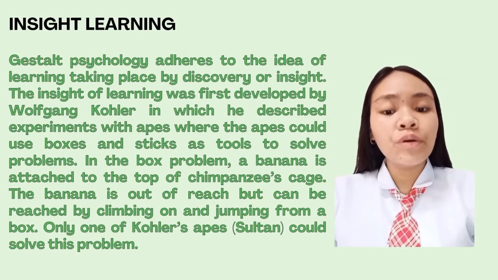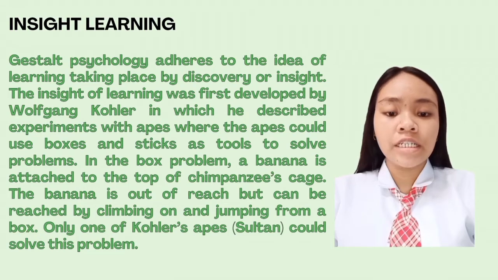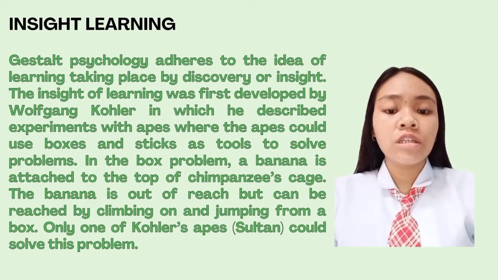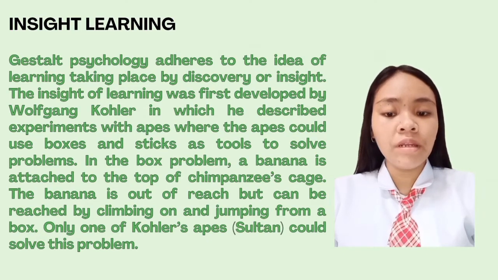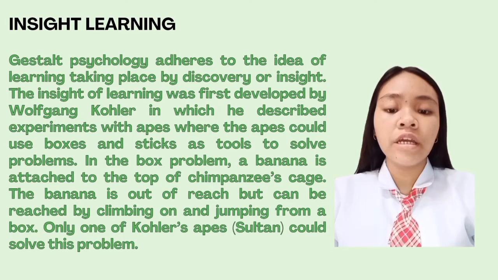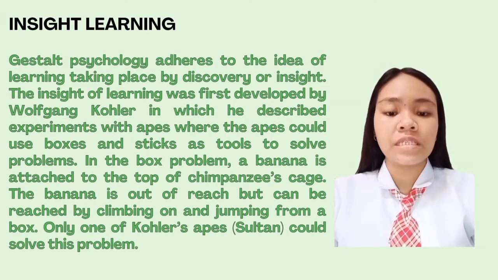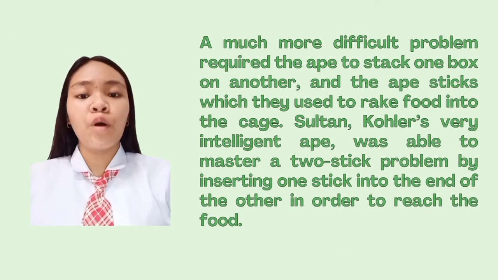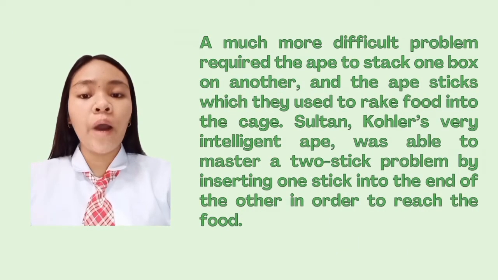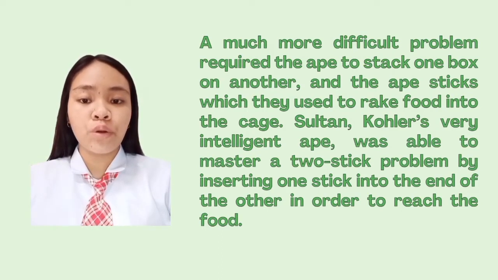So, the theorist Kohler connected Gestalt psychology to the natural sciences, arguing that organic phenomena are examples of holism at work. He looked at problem-solving abilities in chimpanzees. A much more difficult problem required the ape to stack one box on another, and to use sticks to rake food into the cage.